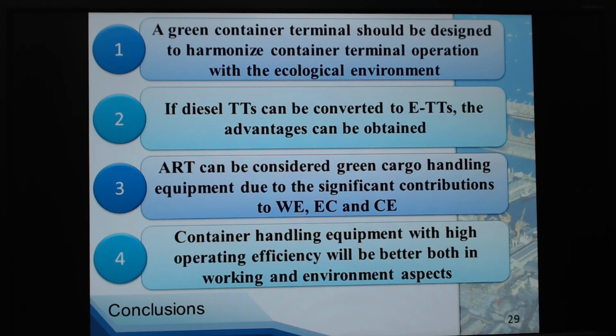That means their working efficiency is very high, and the energy consumption, and also the carbon or CO2 emission. And number 4 is container equipment with high operating efficiency will be better both in the working and environment aspect.